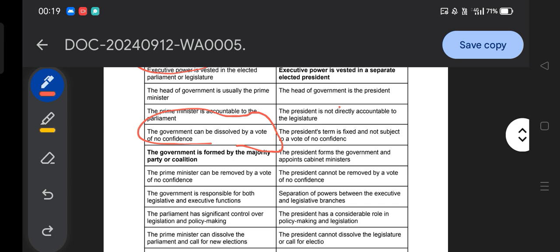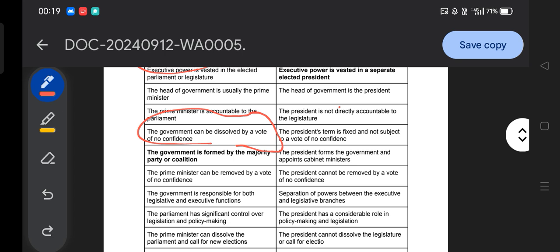Currently the Indian government is a coalition government. Guys, I need to know from your side: what is the name of the coalition of the current government in India? You need to tell me.